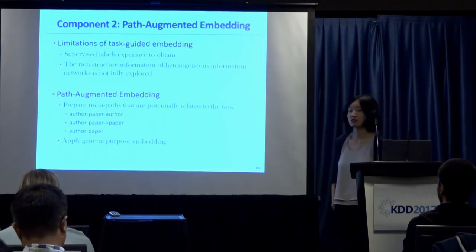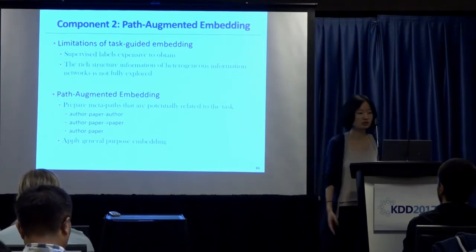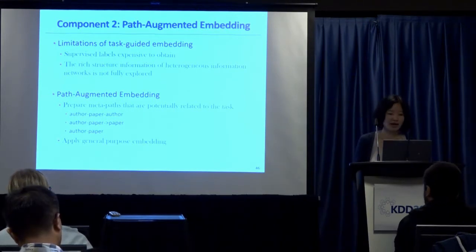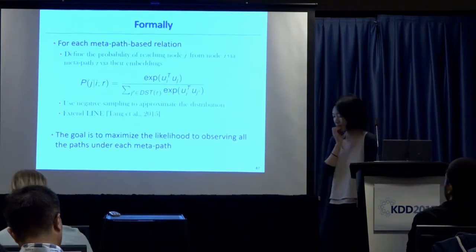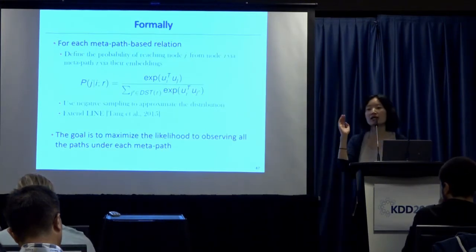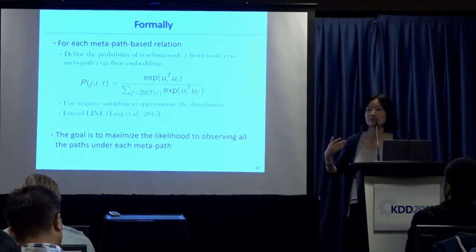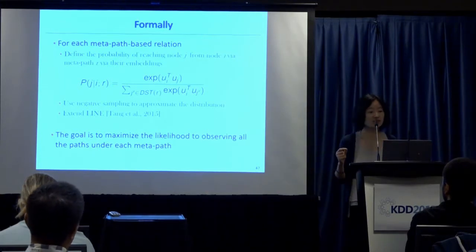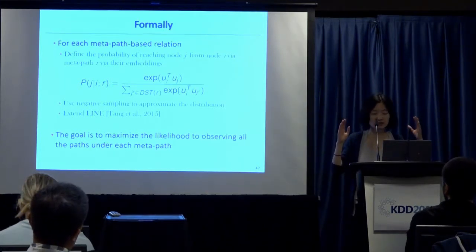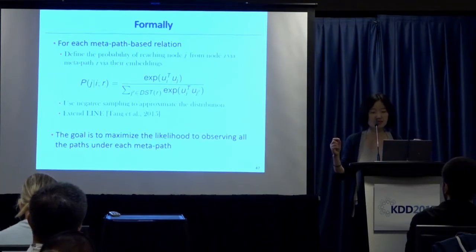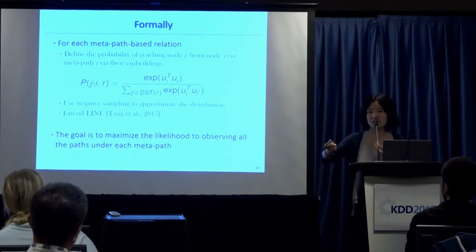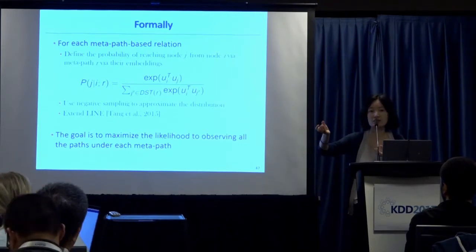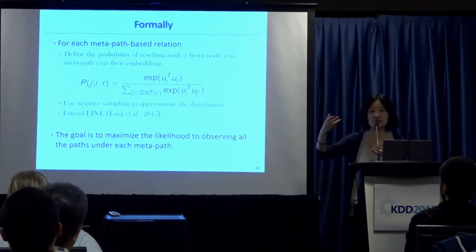And the second part is that we want to use the remaining network structure to do the general purpose embedding. So how can we do that? Essentially the idea is that given a meta path, suppose it's keyword, cite, keyword, if we have observed some paths from keyword 1 to keyword 2, they should be close to each other in the embedding space.